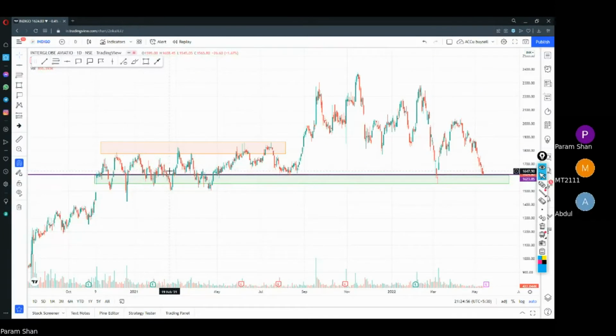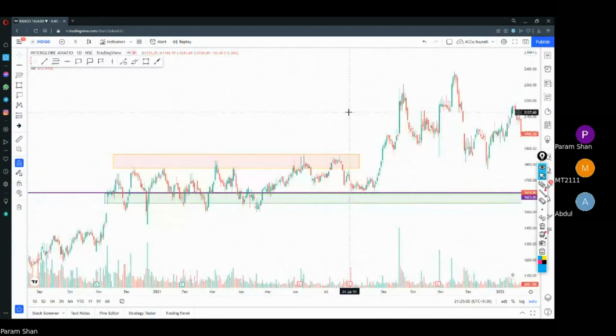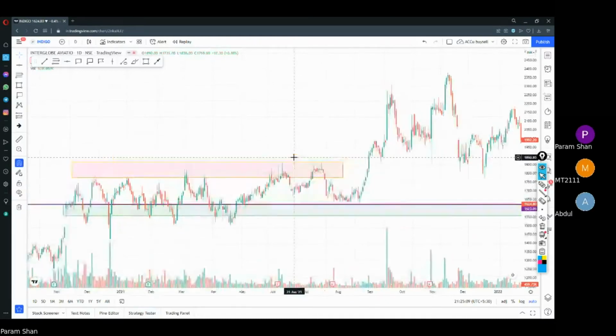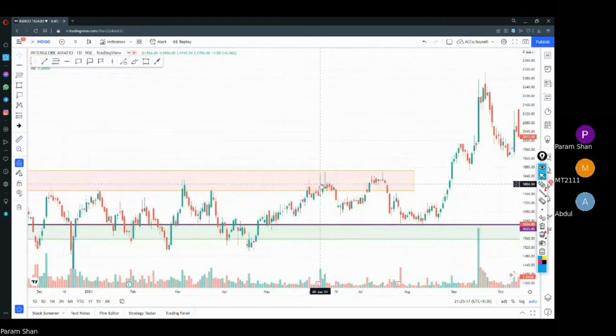Whenever you're entering a support zone, should you exit immediately? No. There is a process called a trailing stop loss. If you remember, in our previous session we were talking about a trailing stop loss. You are holding a share of Indigo, and the price has come here and did not even close on this support zone.